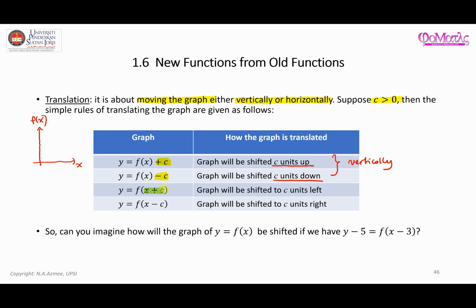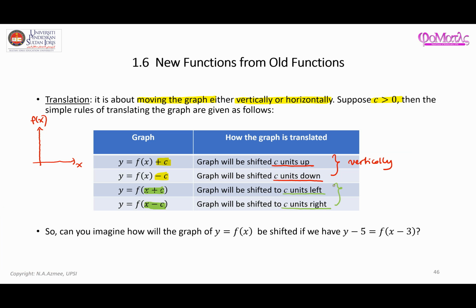So when you make some changes to x, either by adding or subtracting a constant, that means you are making some sort of changes in terms of horizontal movement. So the graph will be moving horizontally, and in this case, if you add a constant c to x, then the graph will be shifted c units left, and if you subtract a constant from x, then the graph will be shifted c units right.